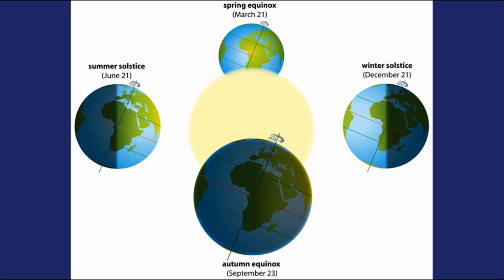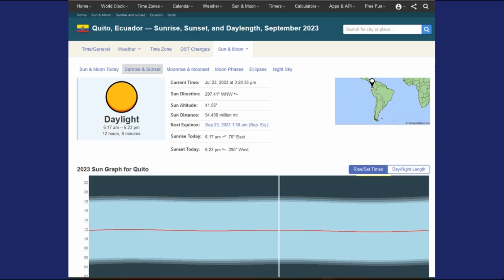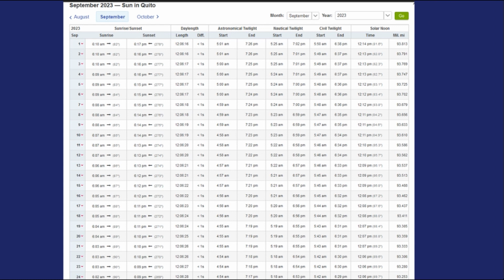So if we go to a city on the equator, like Quito, Ecuador, we can see that on the 23rd of September of this year, which is the day of the equinox, the sun rises 90 degrees, due east, and it sets 270 degrees, due west. This is what is expected at the equator.